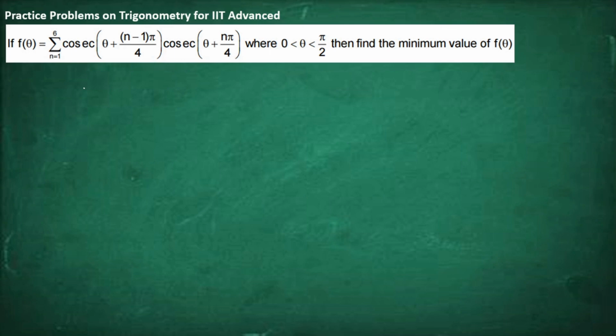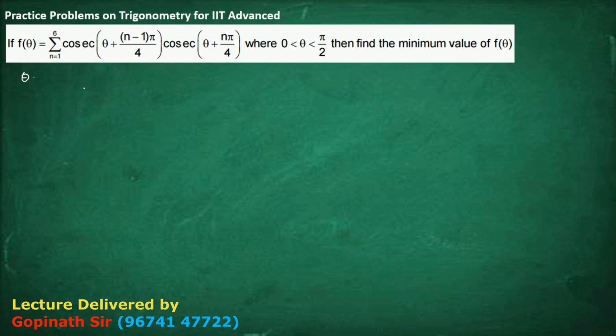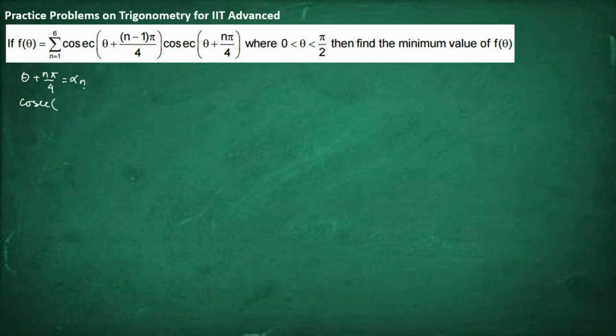So before starting the sum, let me take theta plus n pi by 4 as my alpha n. Therefore, the expression becomes cosec(alpha n minus pi by 4) into cosec(alpha n). Is it clear?